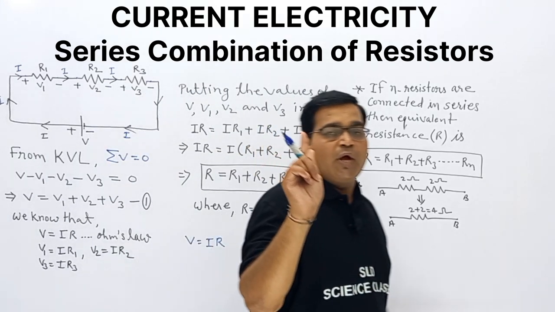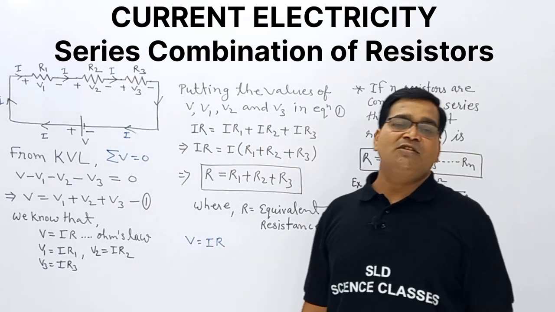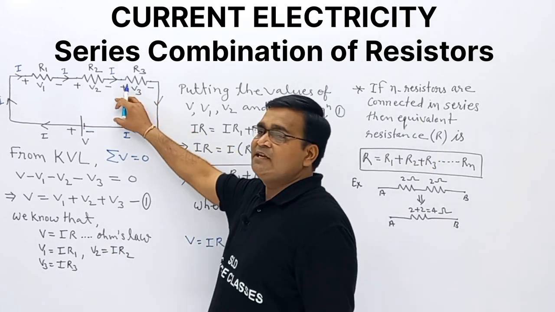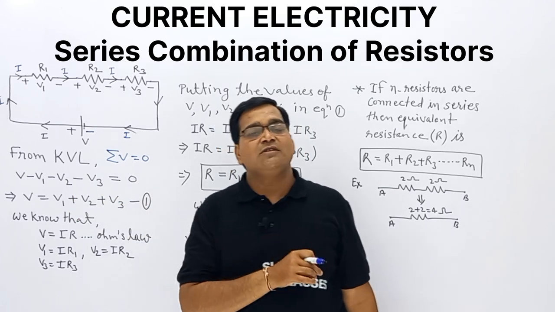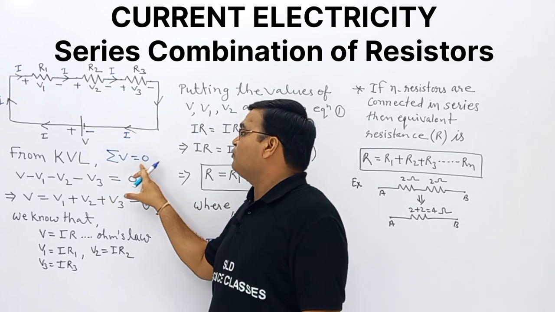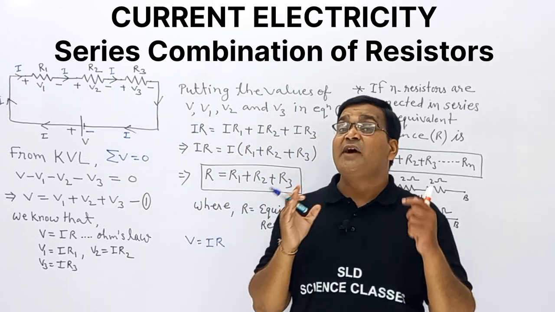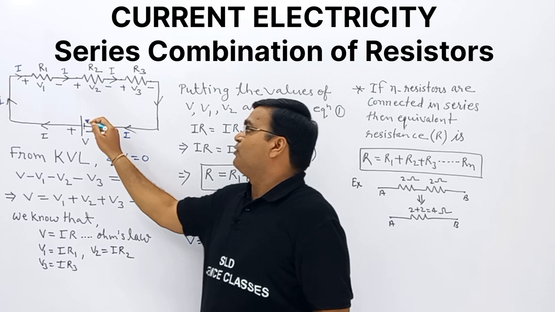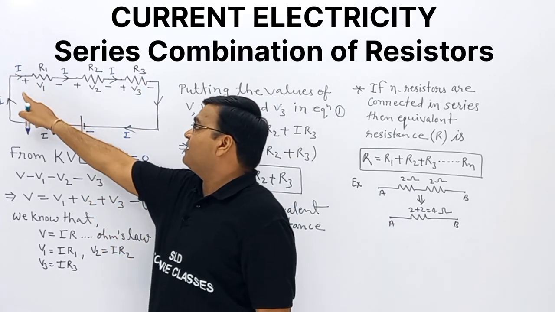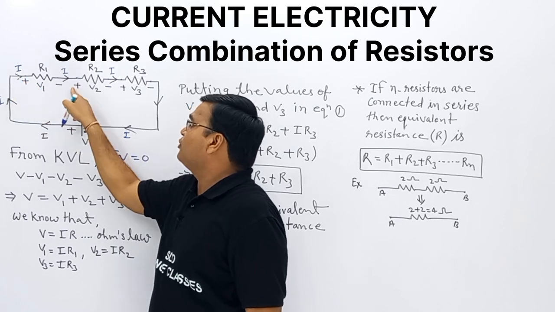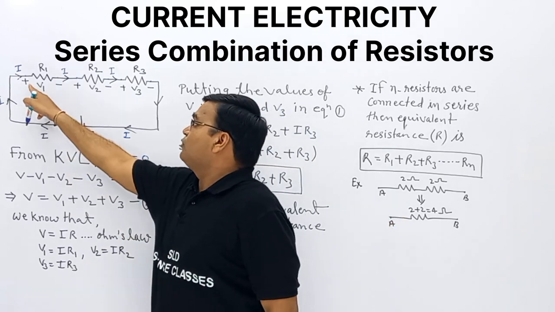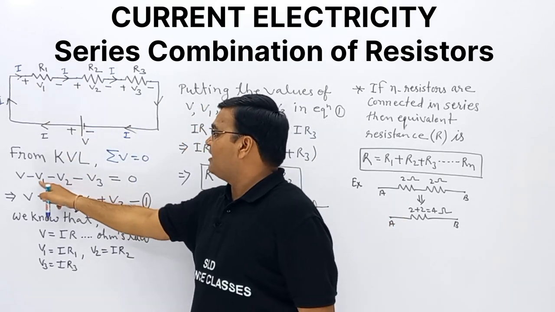Observe. Our task is to find the equivalent resistance for the series resistors. We have this circuit. This is a closed circuit, so we apply Kirchhoff's voltage law: the sum of voltages will be equal to 0. When current enters the positive terminal, the sign of voltage will be negative, so we take minus.